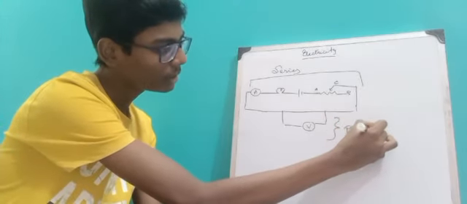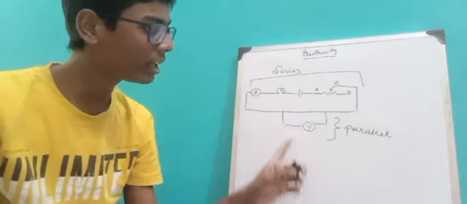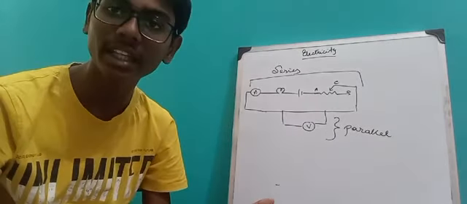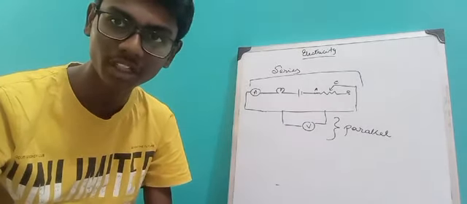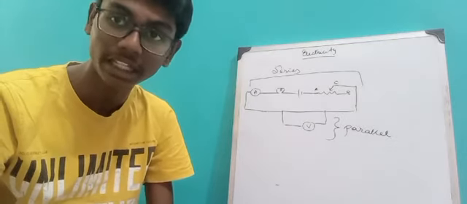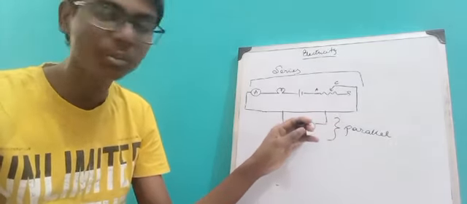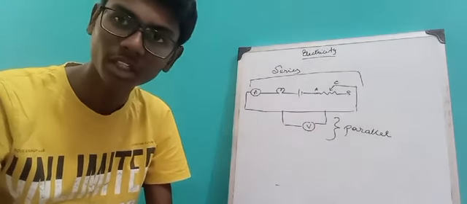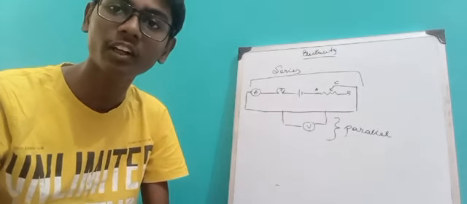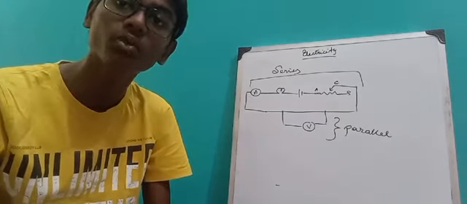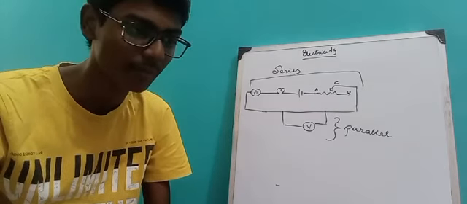Why? Because without parallel the potential difference will not be there. I'll tell you what potential difference is; wait for my next video. But when we are connecting a voltmeter, because we need to measure the potential difference, it has to be connected in parallel. Otherwise, potential difference wouldn't be there if it is in series.